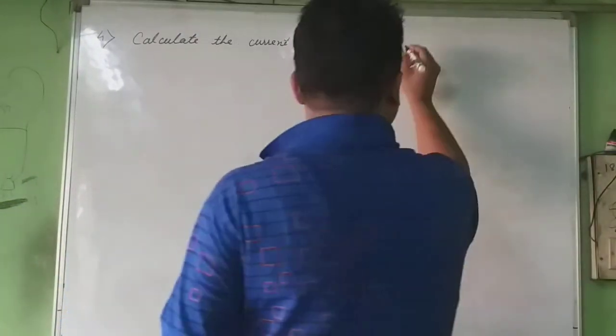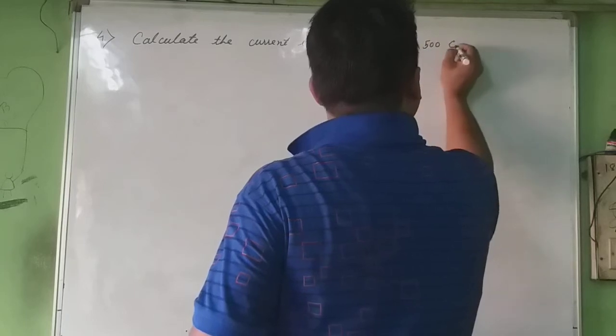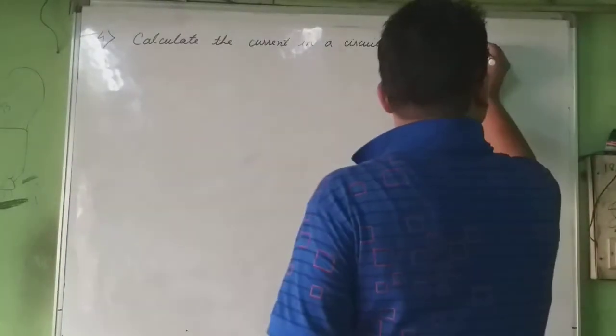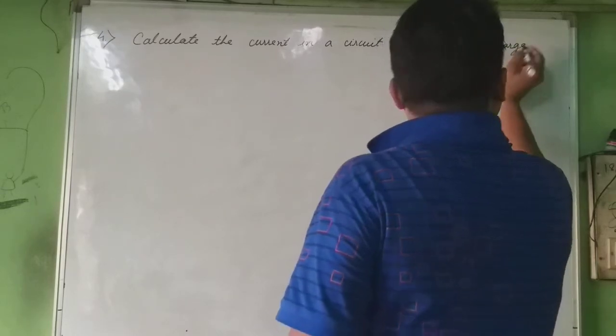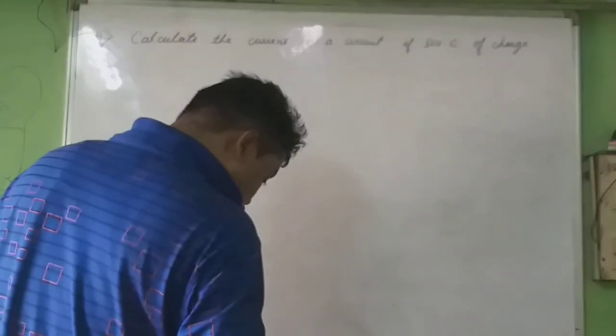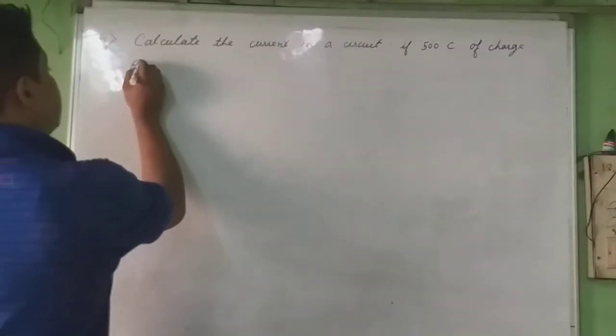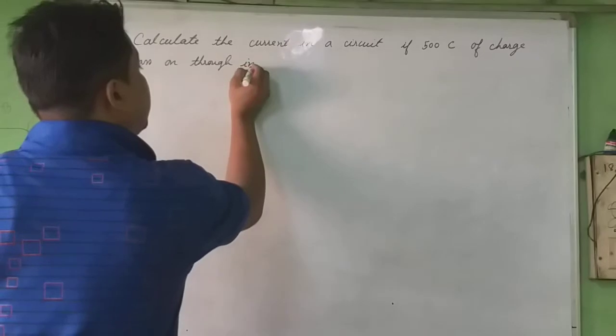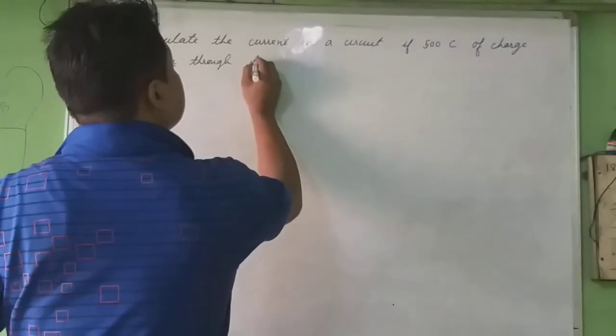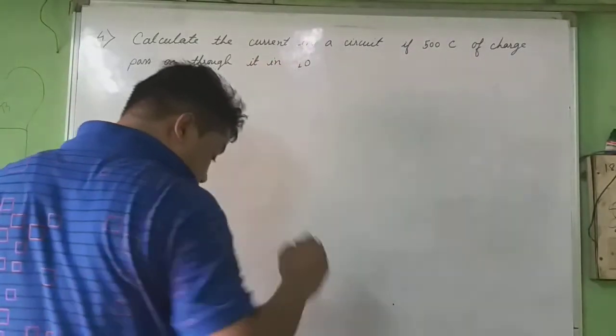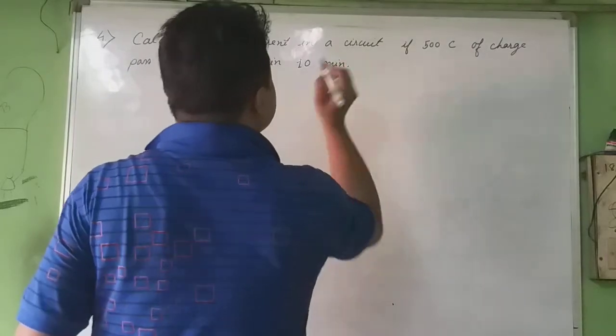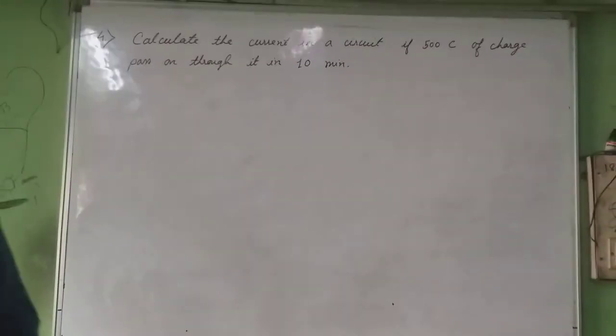If 500 coulomb of charge passes through it in 10 minutes. Calculate the current in a circuit if 500 coulomb of charge passes through it in 10 minutes.